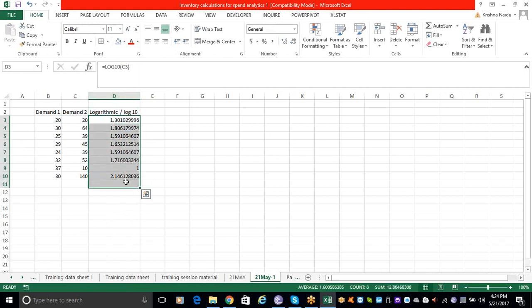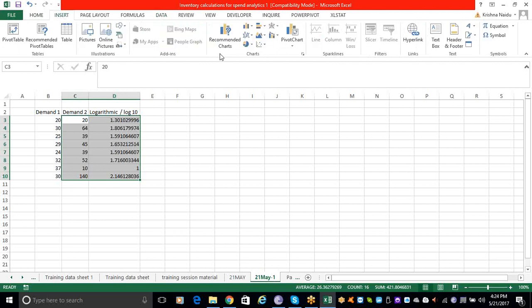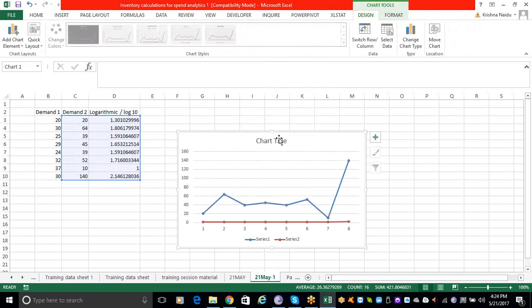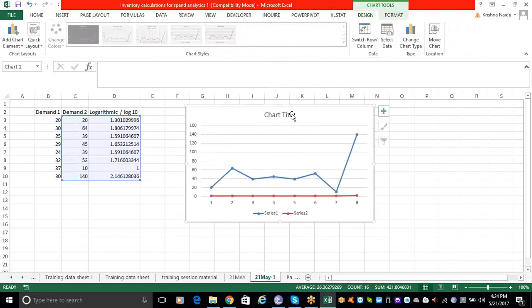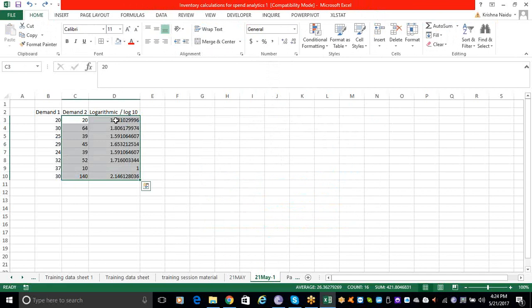Now let me draw this graph. While drawing the graph, I'll take the previous values and the new transformed values. Let me do one thing. I'll draw two different graphs.